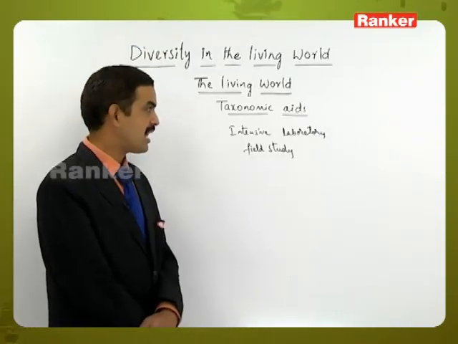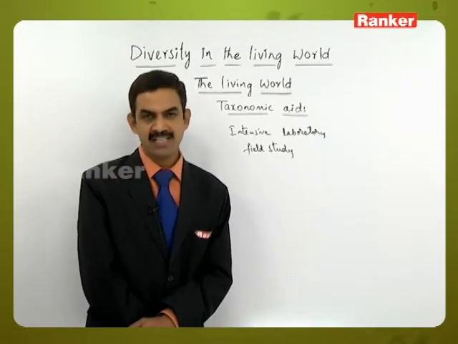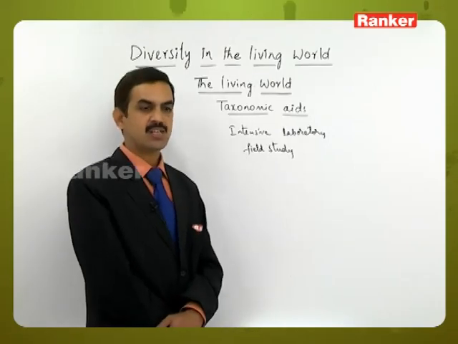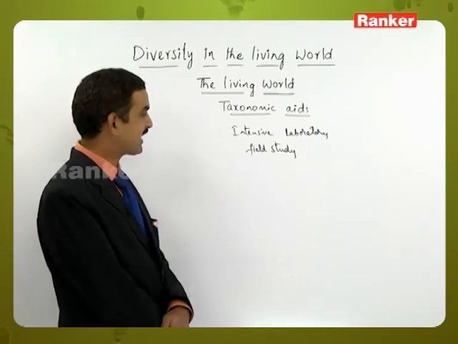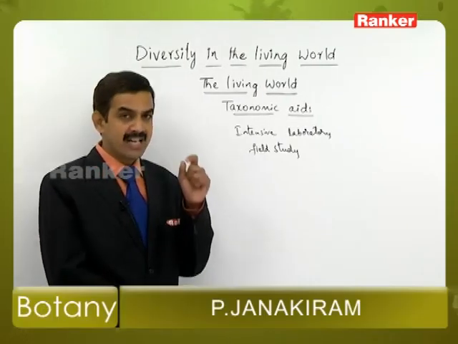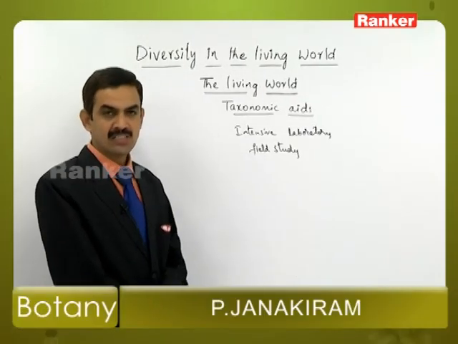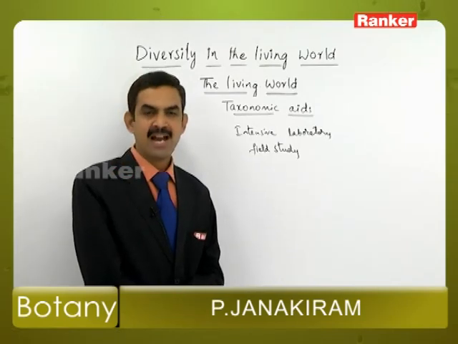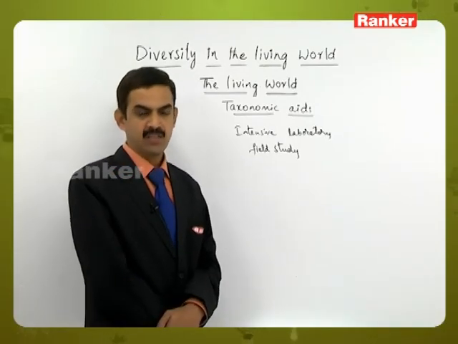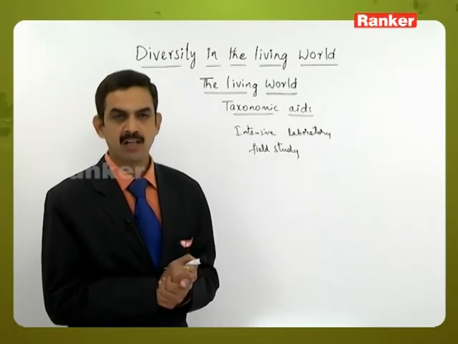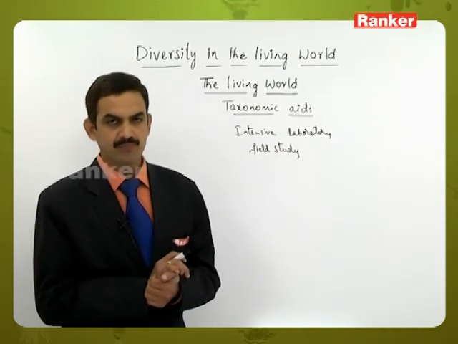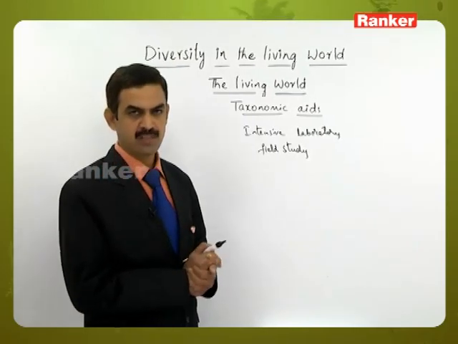For this purpose, we are using some aids which help in identification. We call them taxonomic aids. So there are various types of taxonomic aids which help in the correct identification. Here exact identification is needed so that authentic information related to plant identification can be given. Then only we can go for the further aspects, that is nomenclature and classification of plants.